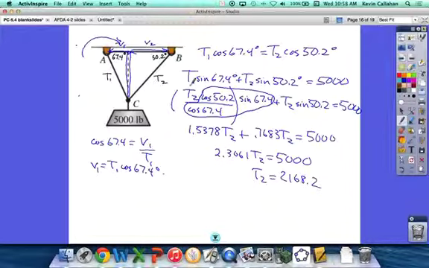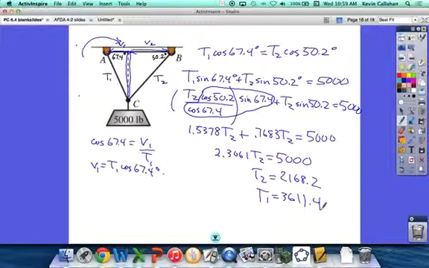So 2168 times cosine 50.2 divided by the cosine 67.4. 3611.0.4. So those are the tensions in the two cables.